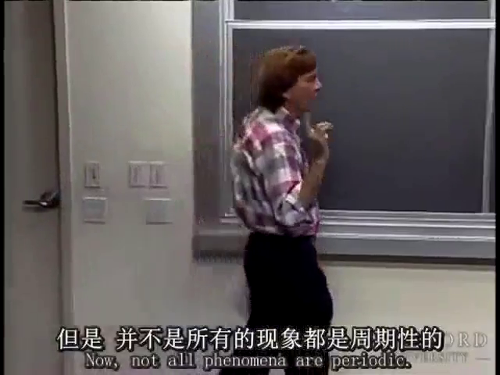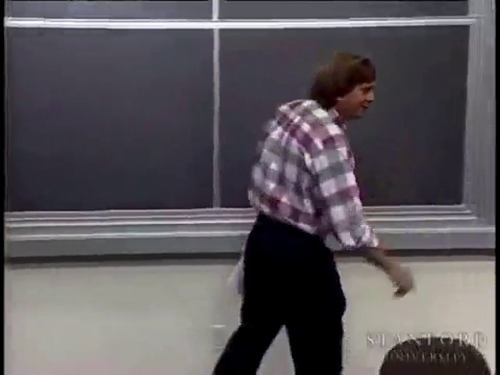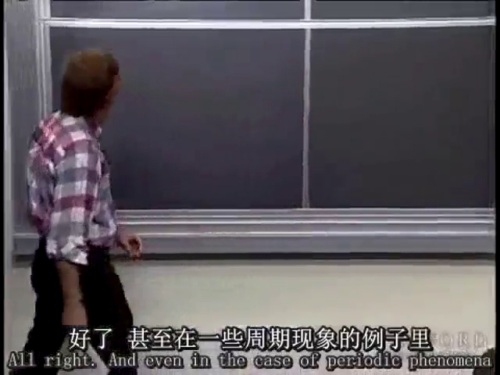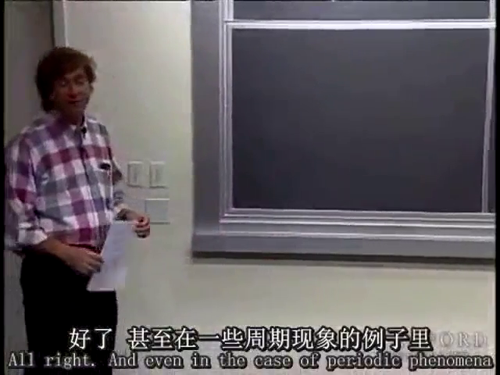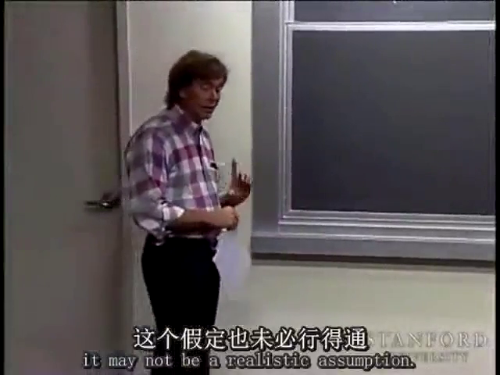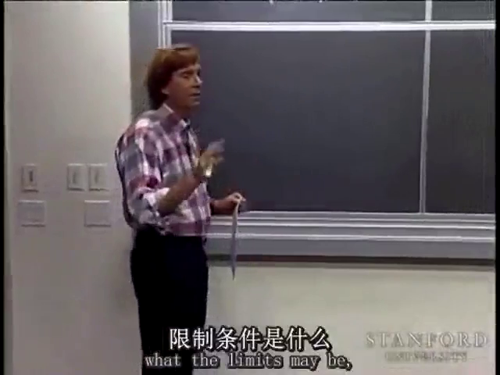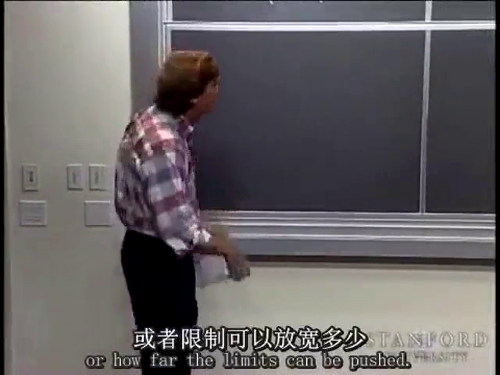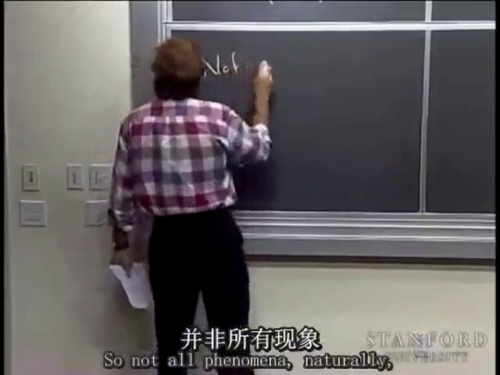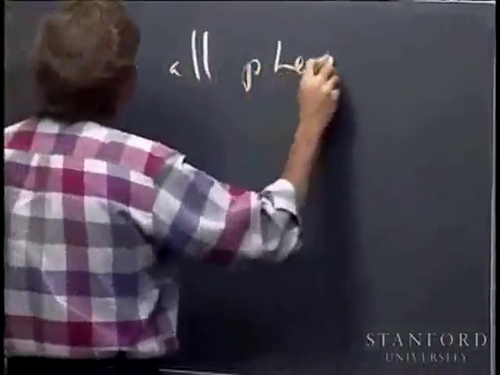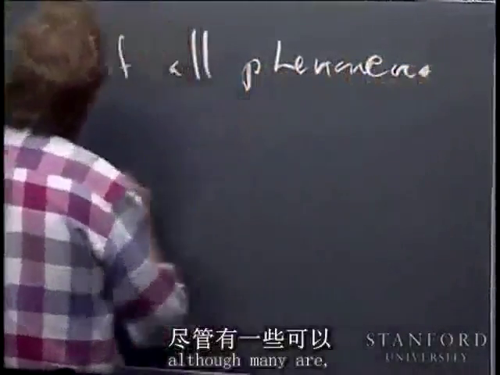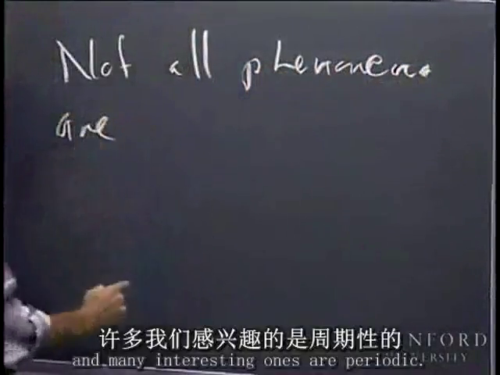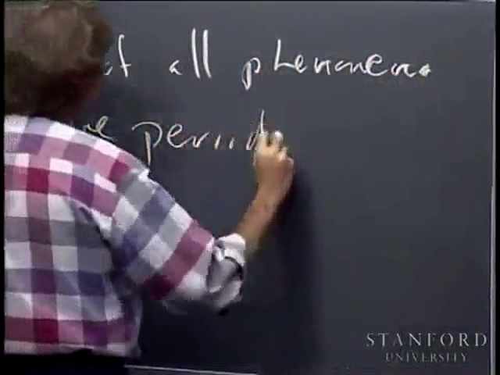Now, not all phenomena are periodic, and even in the case of periodic phenomena, it may not be a realistic assumption. I think it's important to realize here what the limits may be or how far the limits can be pushed. So not all phenomena, naturally, although many are, and many interesting ones are periodic.